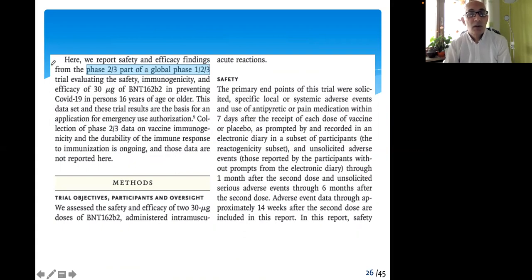So this project which they are running was a phase 1-3 trial, and this part they report is actually, although I show it to you as a phase 3 study, a mixture of phase 2 and 3, because this COVID pandemic developed very fast, and the studies also needed to be sometimes conducted very fast and merged.